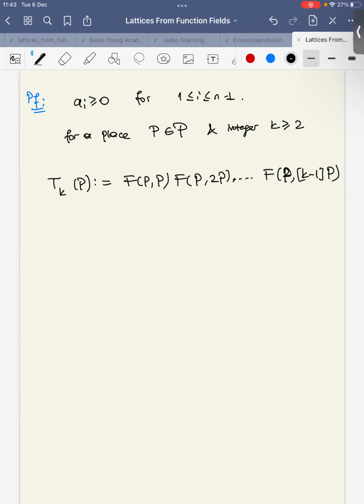If a_j is negative, by the way, I will elaborate this assumption, let k_j be the order of the rational place P_j.